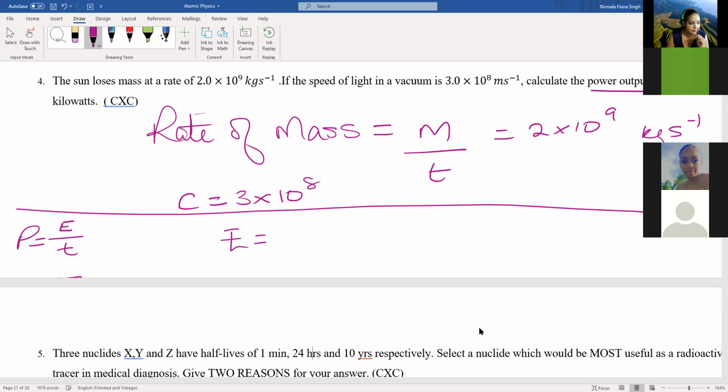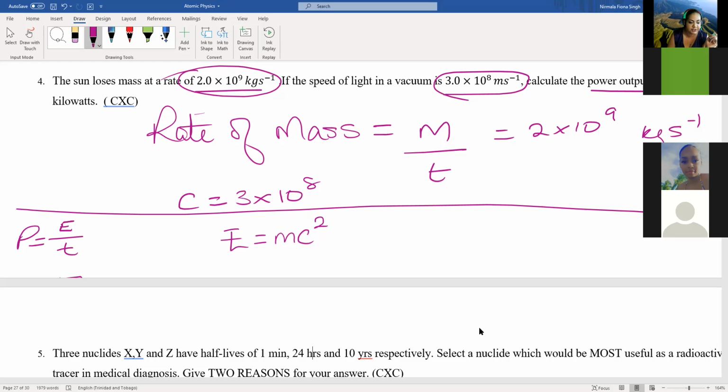When we're looking at things that are moving at the speed of light, we always use Einstein's equation, E is equal to mc squared. So mc squared is the energy of the material coming out or traveling at the speed of light.